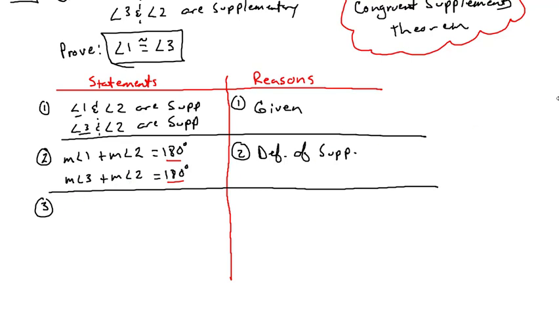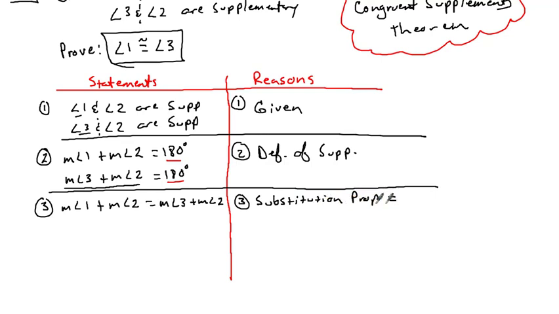So I'm going to write the measure of angle 1 plus the measure of angle 2 equals, now instead of 180, I'm going to substitute this, the measure of angle 3 plus the measure of angle 2. And the reason I can do that is substitution. It's actually my substitution property of equality, but substitution is enough. Just write substitution.